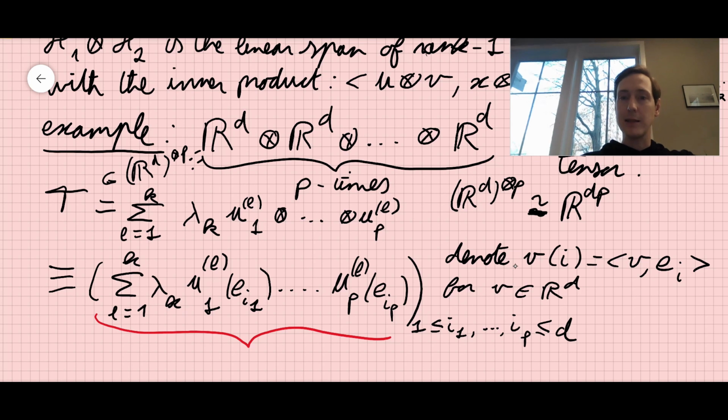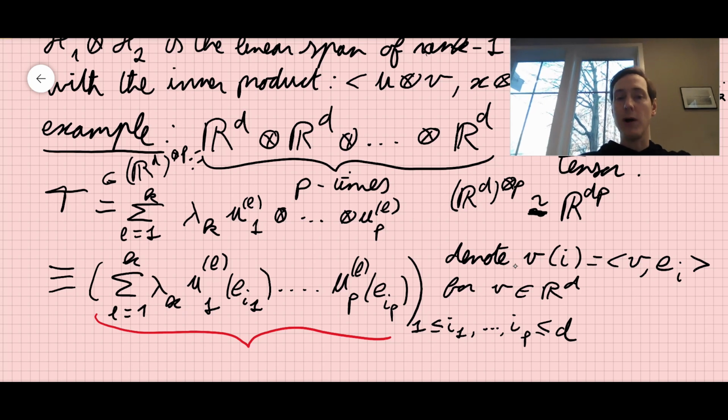This is how a tensor of order P is described in classical computer science. It's just a big array with P indices, and each index ranges between, say, 1 and d. But it's perhaps nicer to think about it as a multilinear form. This is really what it is. In that array notation, let's see what the inner product corresponds to.